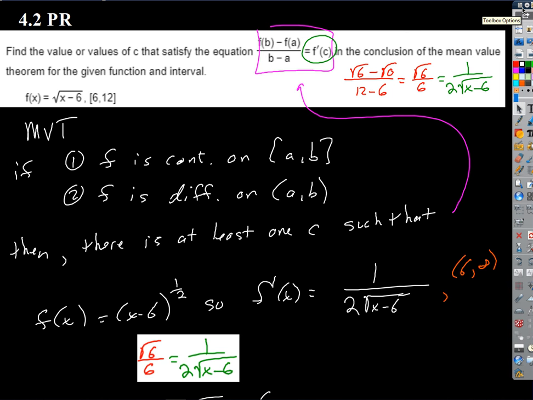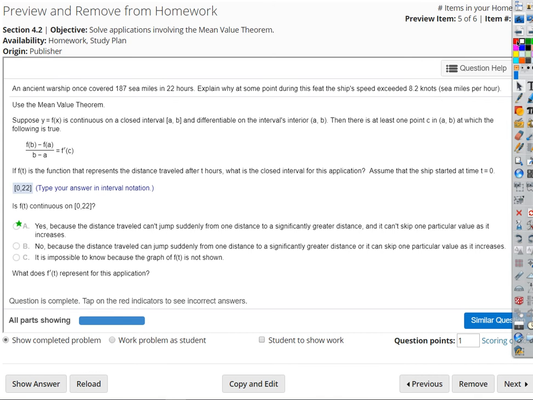So what the mean value theorem says is that if a function is continuous on a closed interval and differentiable on an open interval, then there's some stuff that's true. But what's the function here, right? In order for this to be a mean value theorem problem, we've got to be able to see that there's some kind of a function going on here.